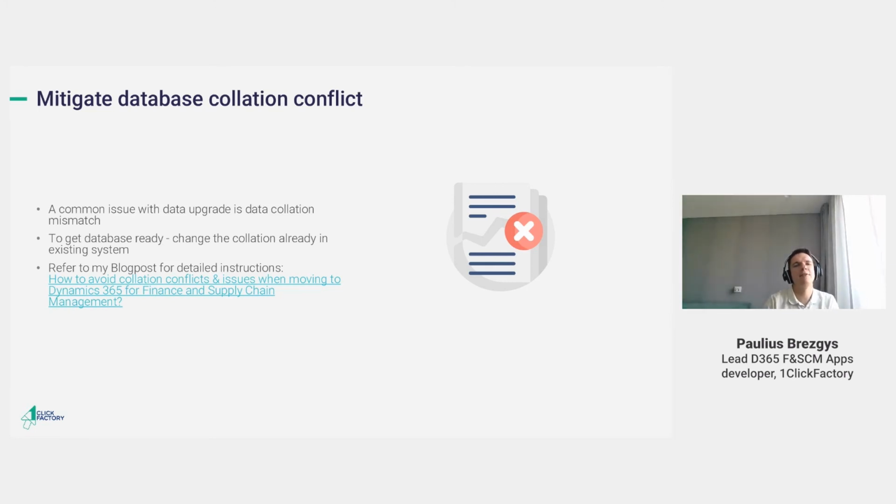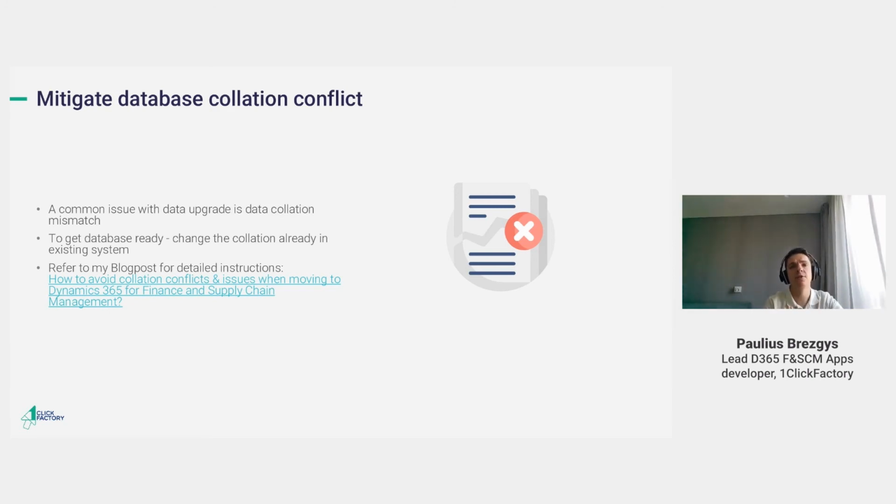And yeah, back to the topic. So one of the last issues with the Dynamics 365 data migration is database collation conflict. What is this conflict about? Well, in Dynamics AX, you were basically allowed to have any database collation you wished.